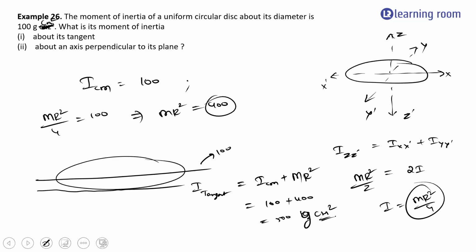Moment of inertia about this axis is the moment of inertia through the center of gravity plus MR square. Again, you need to apply the parallel axis theorem. The only difference is the diagram looks like this.